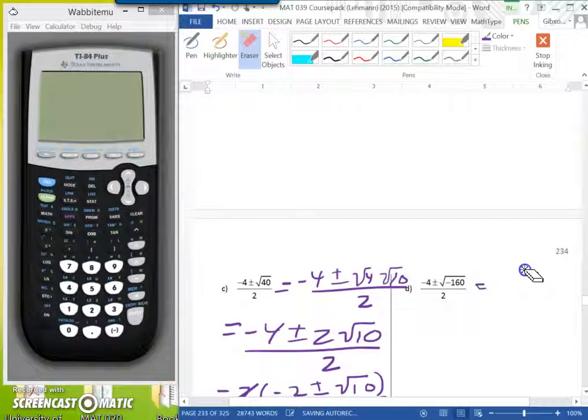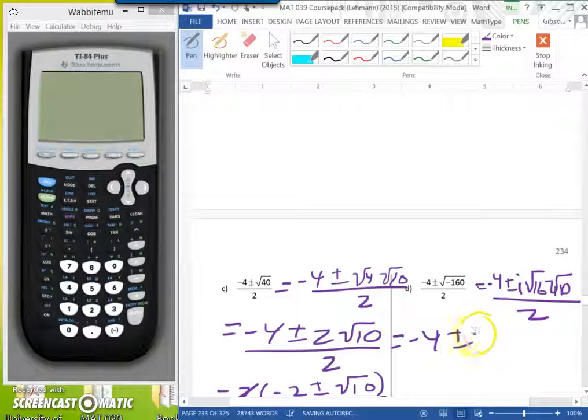Alright, so let me give myself the space here. So it'll be negative 4 plus or minus i square root of 16 times the square root of 10 all over 2. So then this will end up being negative 4 plus or minus the square root of 16, which is 4, so that will give us 4i square root 10 all over 2.